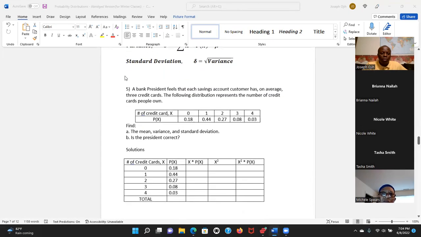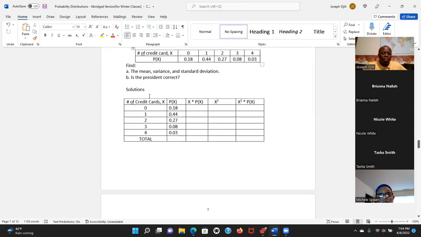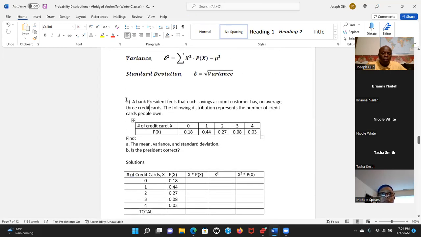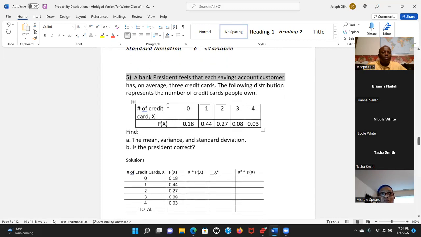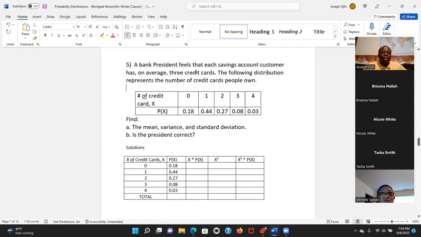The first example we're looking at tonight is this one here. Let me make it bigger. It says that a bank president feels that each savings account customer has, on average, 3 credit cards. When you say average here, it means mean.